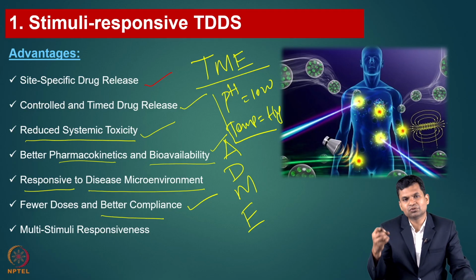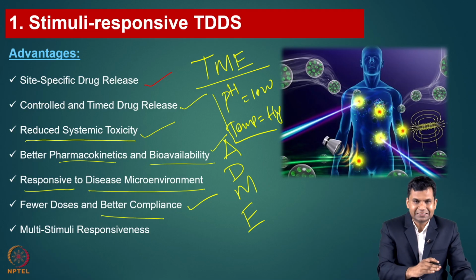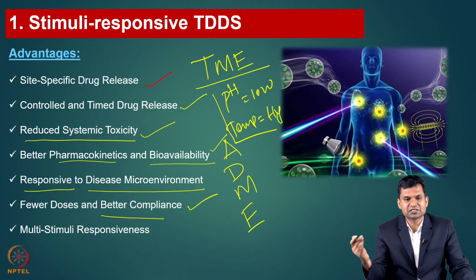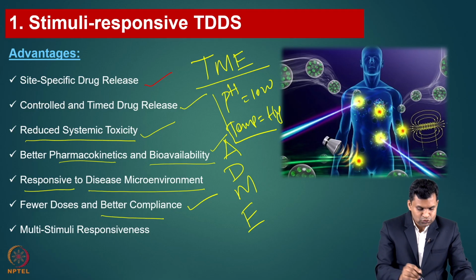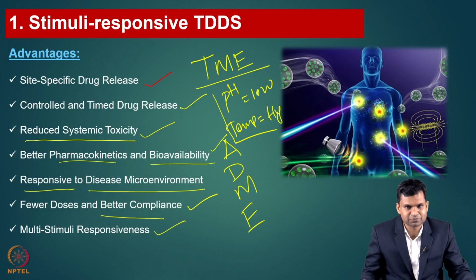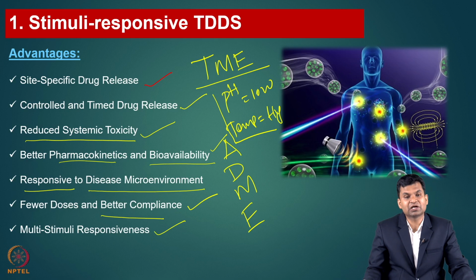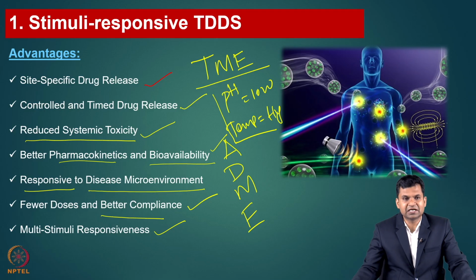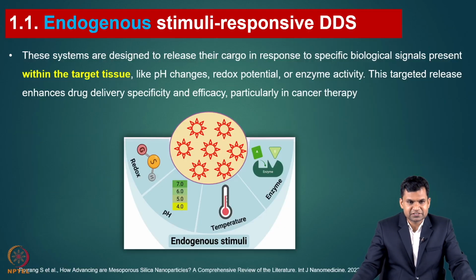With that also you can deliver your molecule, using internal plus external stimuli materials. So, you can go with multi-stimuli responsive systems, and definitely you can avoid the various types of barriers present in the body. So, these are the advantages of stimuli responsive targeted drug delivery systems.